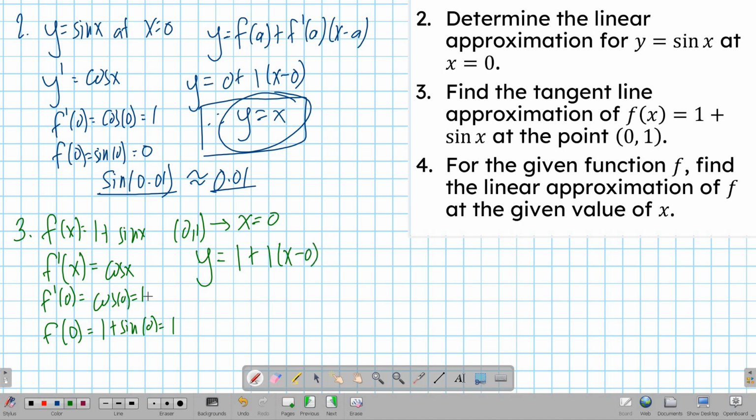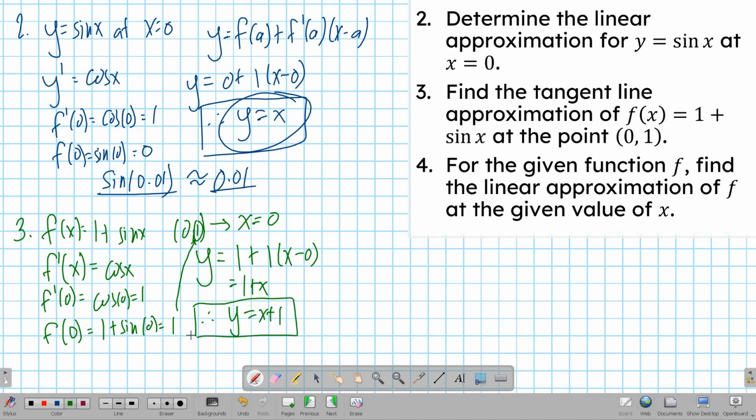By the way, f of 0 is equal to 1 is actually seen here also, so it's consistent with the function. So what we're going to have is 1 plus x, or if we write it in slope-intercept form, y is equal to x plus 1.